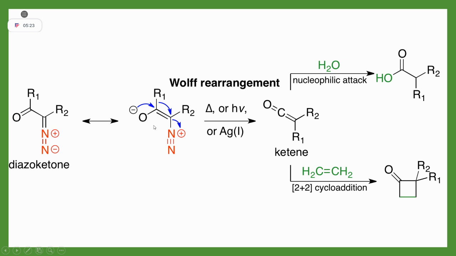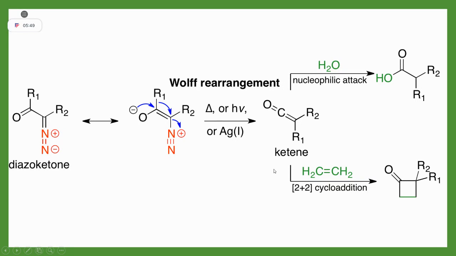So whenever you have an alpha diazoketone, when it is heated or placed under photochemical conditions, it results in the formation of a ketene. Basically, R1 migrates to the carbon from where N2 is leaving. As we know, N2 is a good leaving group. Yes or no?